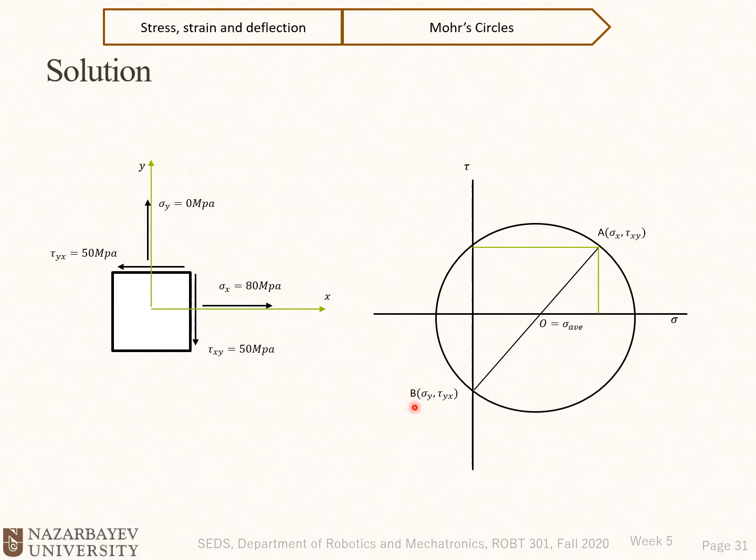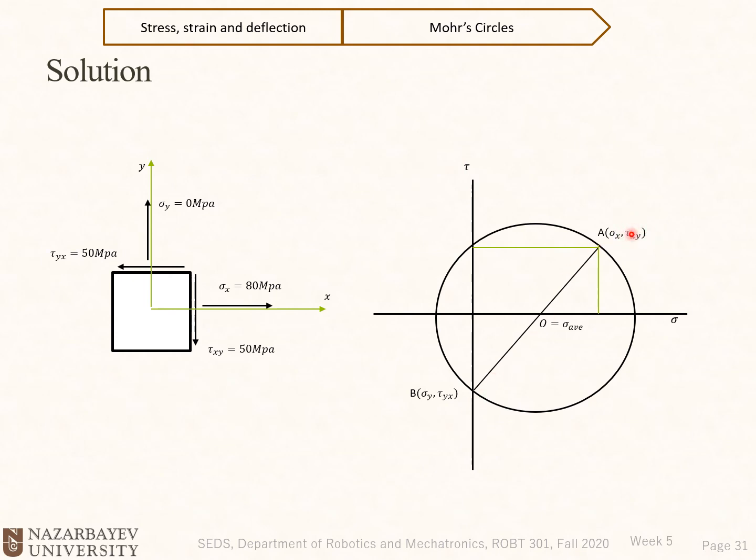And point B is sigma y, tau yx, and sigma y is 0. And tau yx is negative 50 because the tau yx tends to rotate our element counterclockwise. So you see that points A and B always have opposite sign values of the second coordinate, the y coordinate.